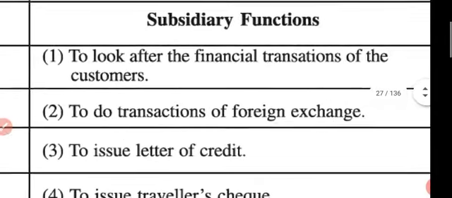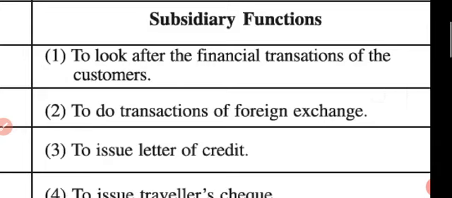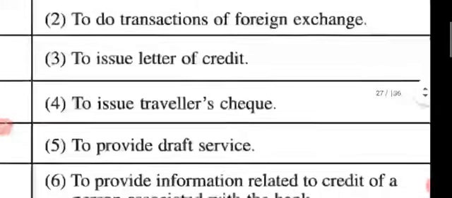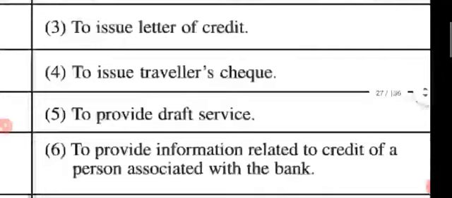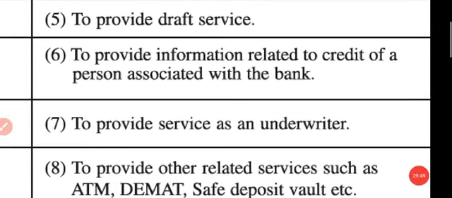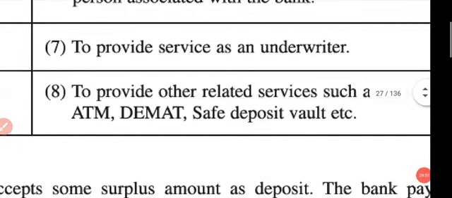Now, subsidiary functions. I scroll my screen so you can read easily. Okay, done.